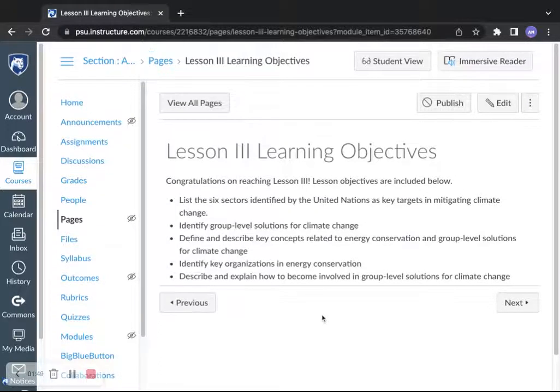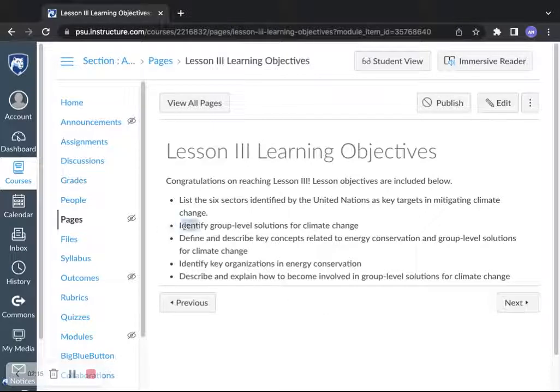So that part of the course is divided into what agencies and governmental policies can do for the problem of climate change. And then in the next lesson, we'll be looking at what we can do in terms of our personal energy use, unplugging unused devices, the right light bulbs to use, stuff like that. But for this topic, it's all about, what are group level solutions for climate change?